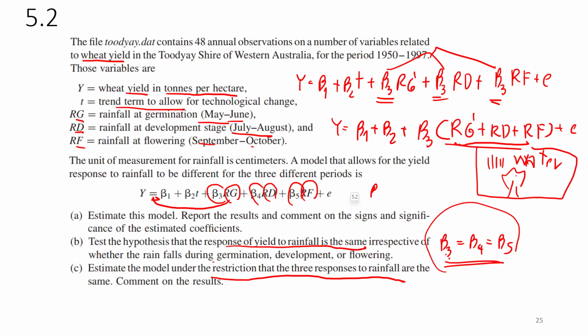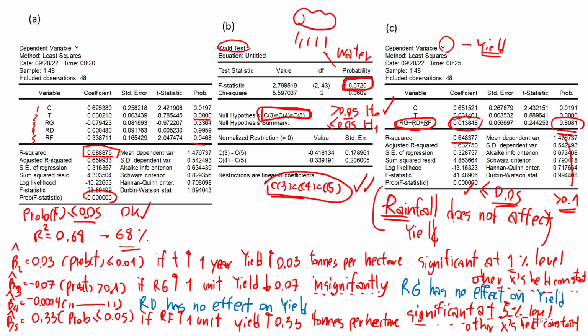You need water, right? And they would like to test whether the level of water affects the yield or not. But the result shows that it does not affect. So it doesn't make sense. You have to say that it doesn't make sense; it should affect yield. Let's go back to printout A first.